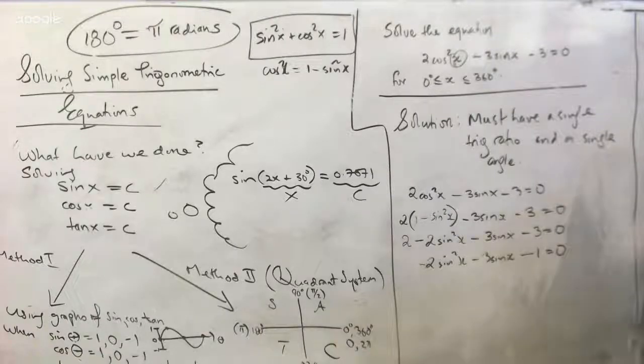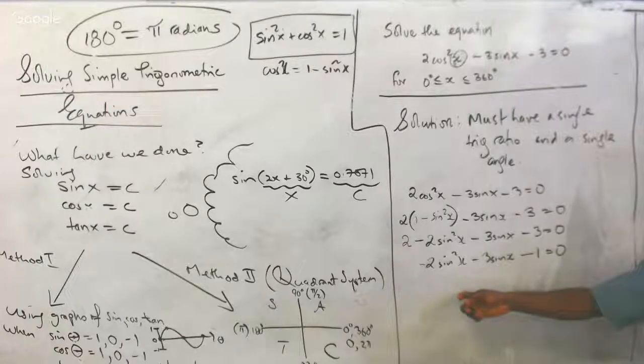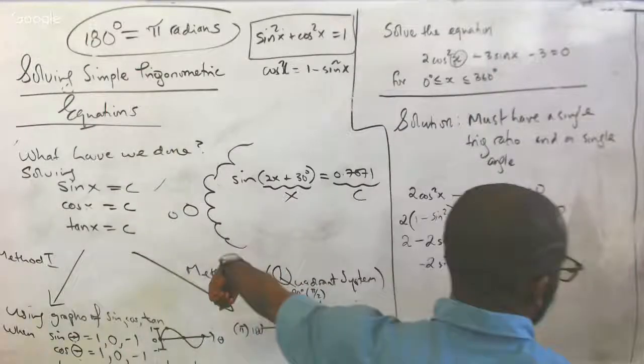Now, what I want you to start recognizing is that this is technically a quadratic. But I don't want it like this, by the way. Why is it a quadratic? Let me show you what a quadratic looks like. May I erase this side?